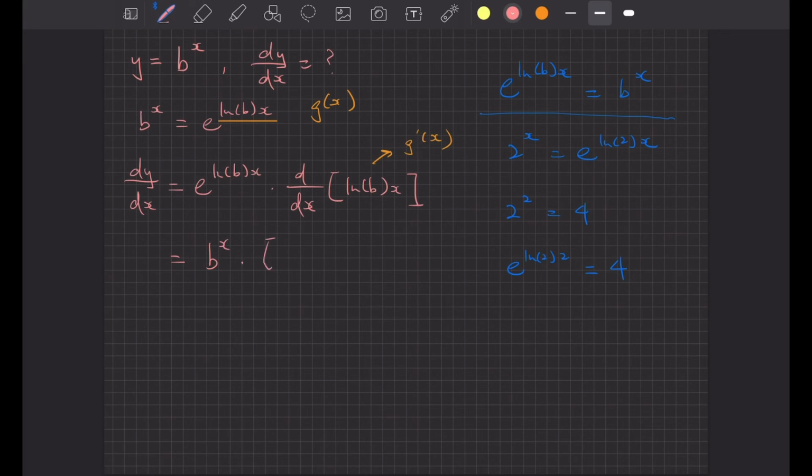So b to the power x times natural log of b times the derivative of x, which is 1. So the final result would be b to the power x times natural log of b.